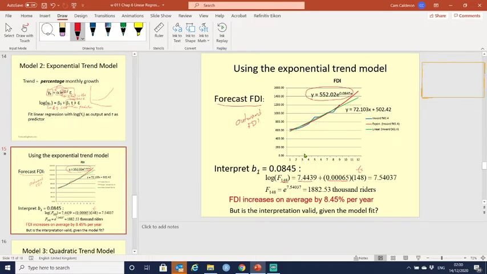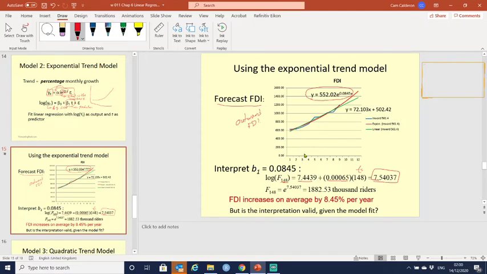As you can see from this equation, this equals 7.54.